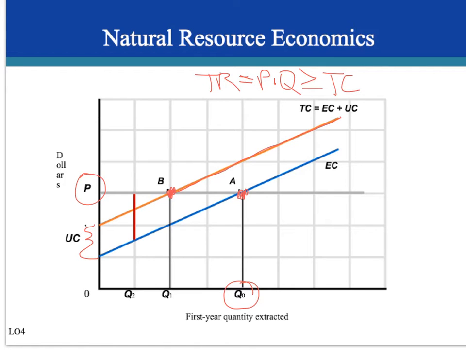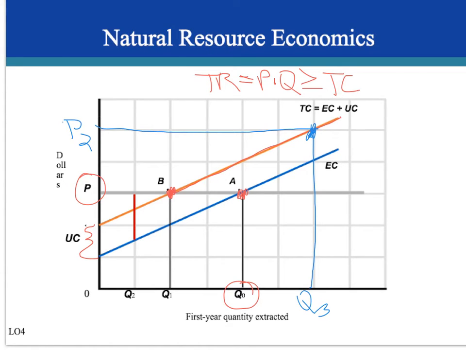So let's say if price were to increase, then they would produce over here at Q3, since their revenue per unit is higher, they can produce more because that higher revenue can cover higher costs as well.